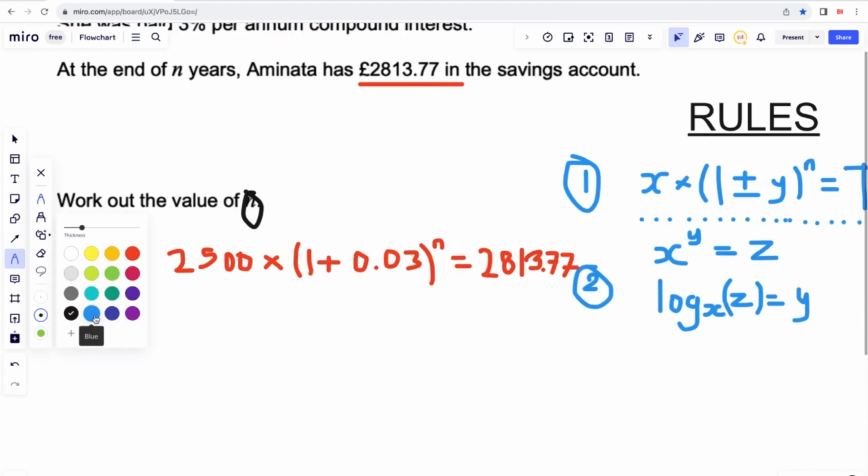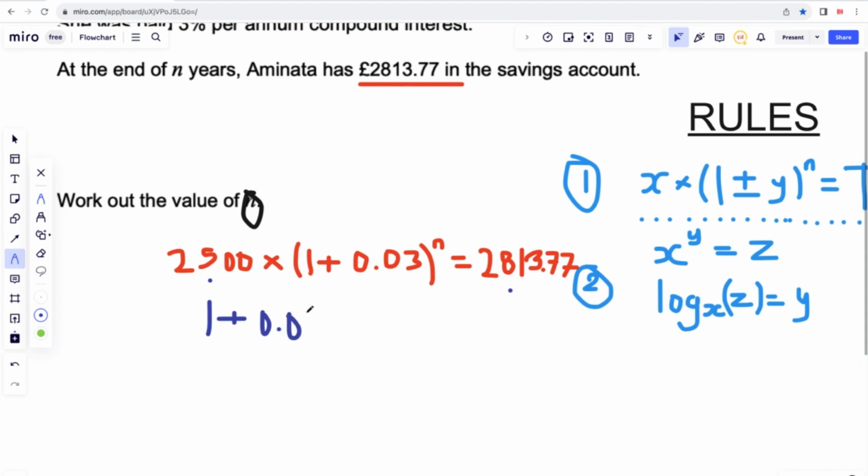First of all, you have to put the 2,500 to the other side. Right now it's 2,500 times, so when you put it to the other side, it's going to be a divide. So 1 plus 0.03 to the power of n equals that over that.